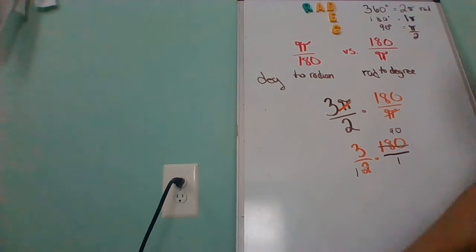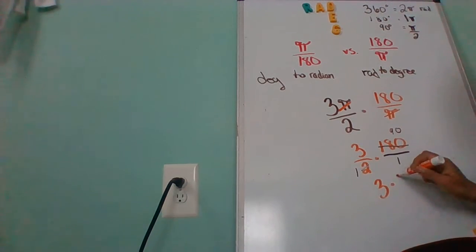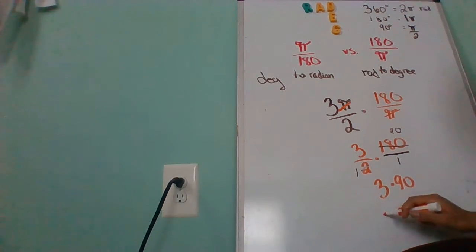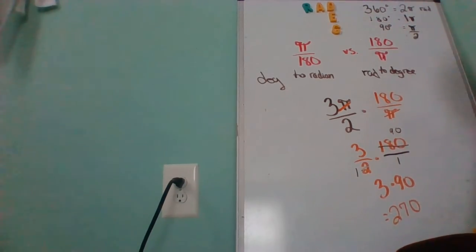So now the only thing I'm looking at is 3 times 90. I can easily pick up my calculator from here, and that is going to equal 270.